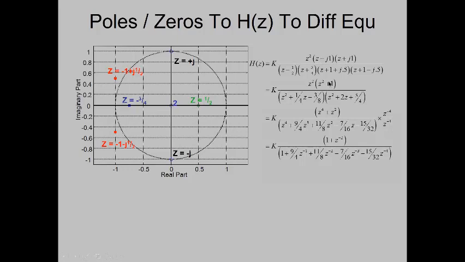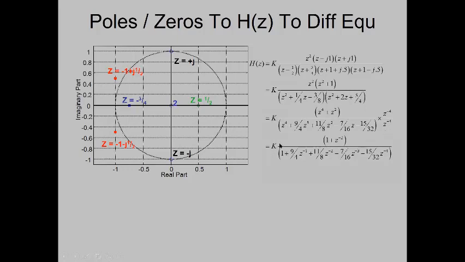The first two terms in the numerator would combine here. This complex conjugate pair would combine to this quadratic. These two would combine to this quadratic. And we combine the quadratics, and multiply by the highest power of z in the denominator, so z to the minus 4 over z to the minus 4.